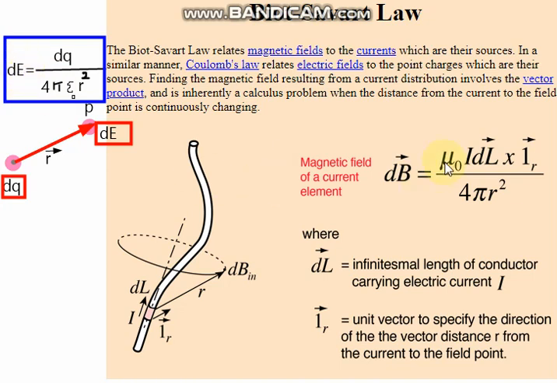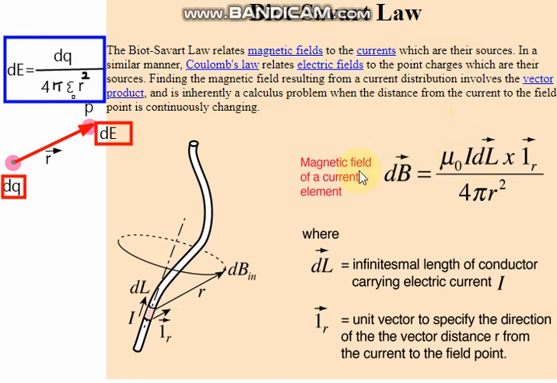This mu naught is the permeability of free space, the magnetic permeability of the free space, just as this was the electric permittivity of the free space.